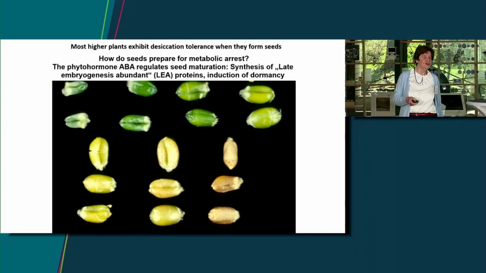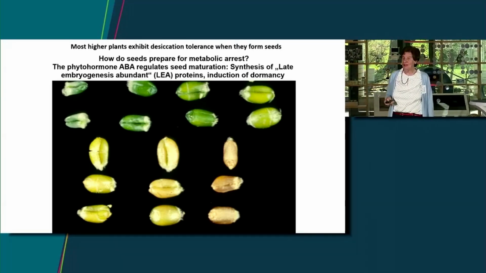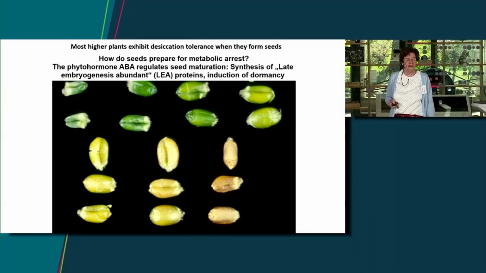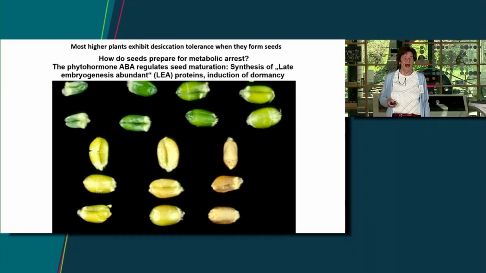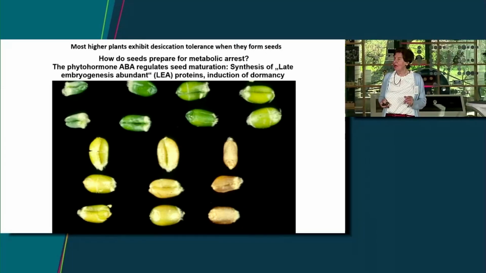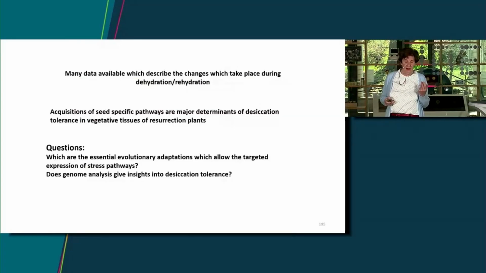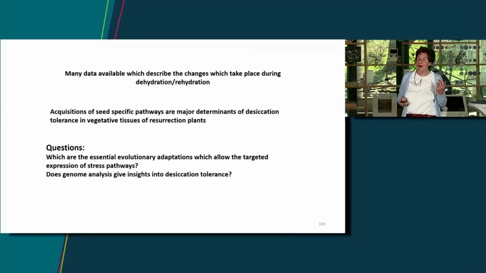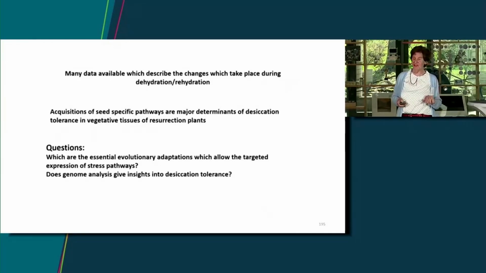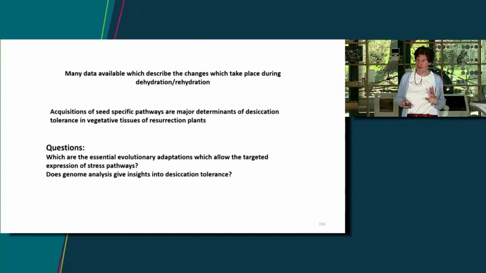And as I would like to try to convince you later, these LEA proteins are a major determinant of desiccation tolerance, not only in the seeds, but also, as we will see shortly, in the resurrection plants.